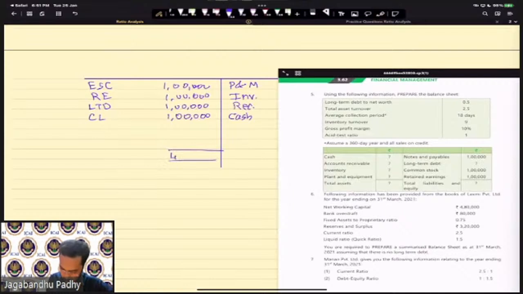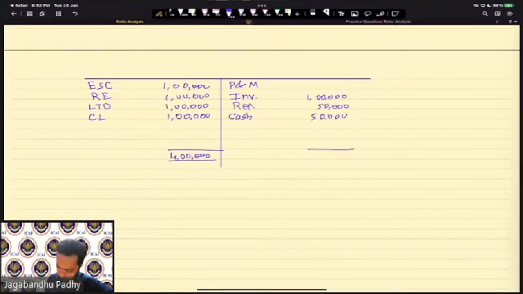This totals up to 4 lakh. Now by default, we can say what's the total of both the sides. Of course, 4 lakh. So plant and machinery is definitely a balancing figure of 2 lakh.